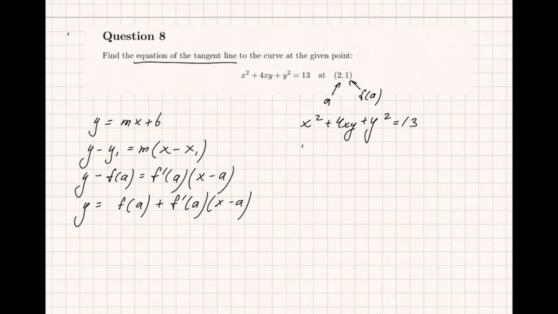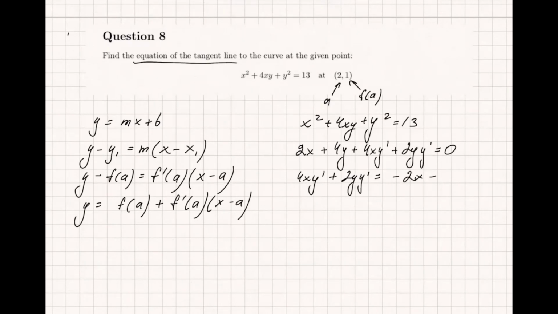So what we have here is 2x plus 4y plus 4xy prime plus 2y times y prime equals 0. Now we solve for y prime. We have 4xy prime plus 2y prime equals negative 2x minus 4y.